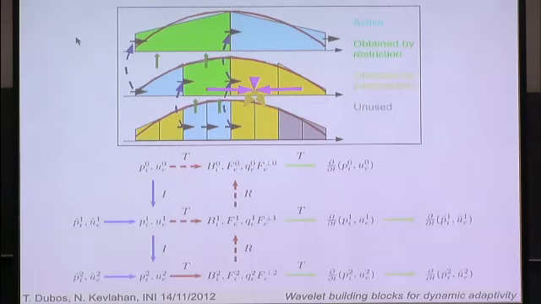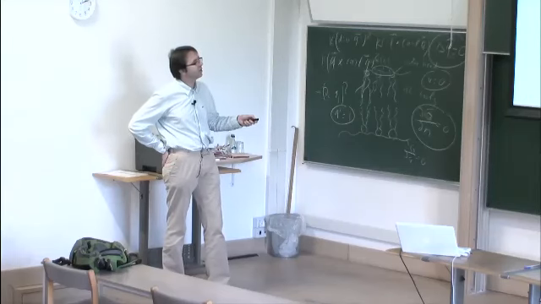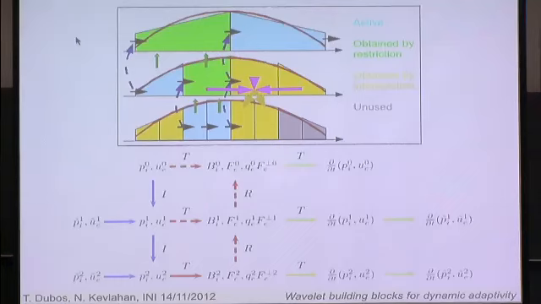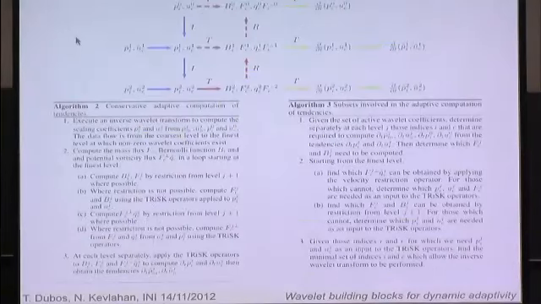So there is a certain amount of bookkeeping going on, but you can actually determine at each step where you need to do the calculation, where you can restrict from the finer grid, and where you need to do the calculation on the coarse grid. Okay, so that's basically the algorithm.